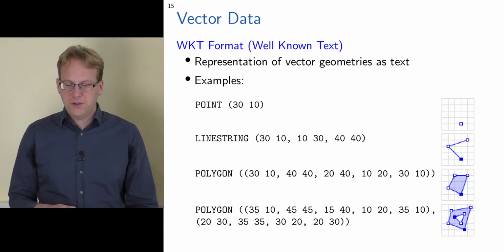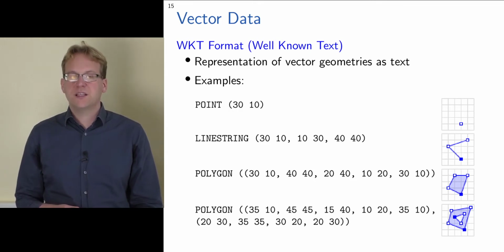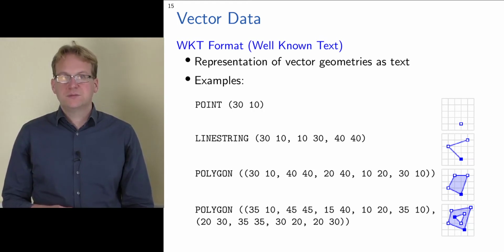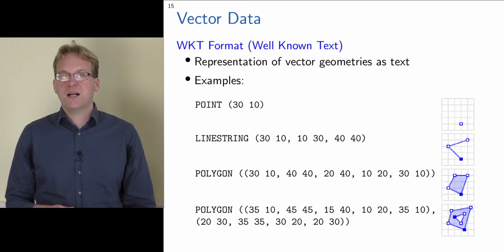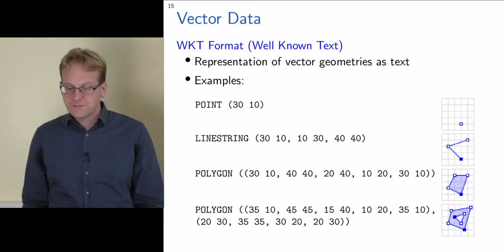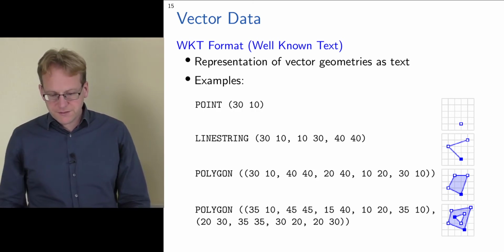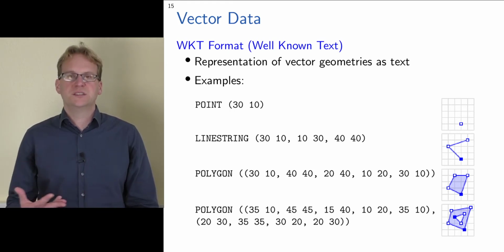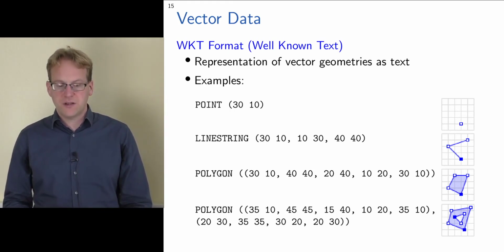One example is this WKT format, or well-known text format. Another example would be GML, Geographic Markup Language, that is also a text format. And this kind of vector data file can be opened in any text editor.